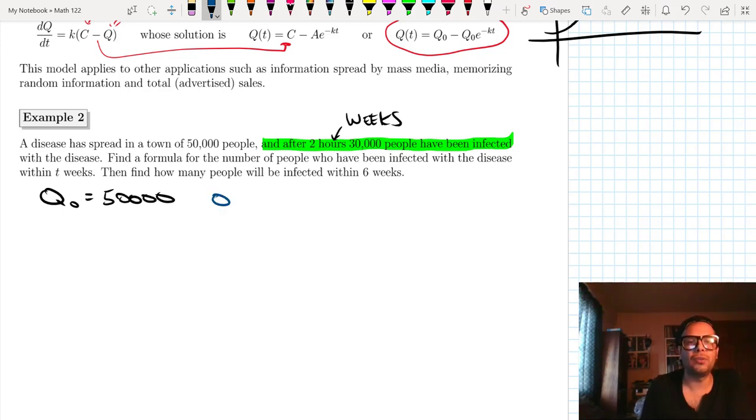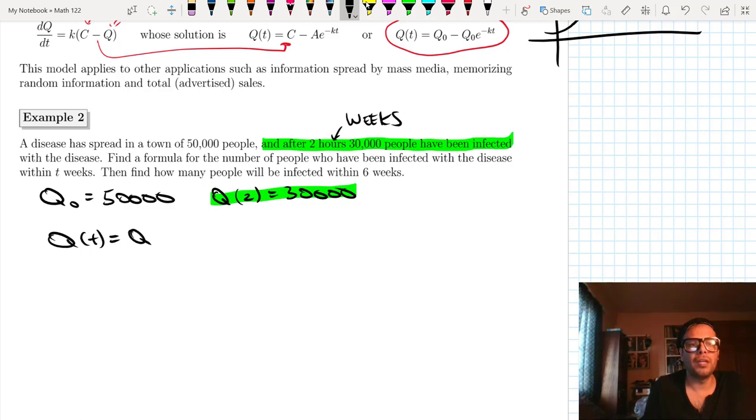So that means Q of 2 equals 30,000. This is going to be our initial condition, the same way we used to find k. So let's write down the equation. Q at any time equals Q naught minus Q naught e to the negative kt.